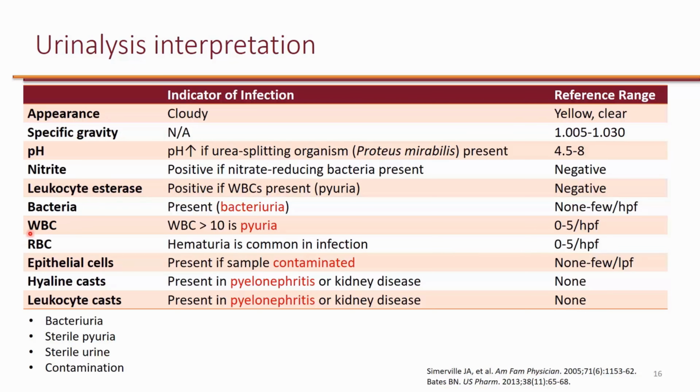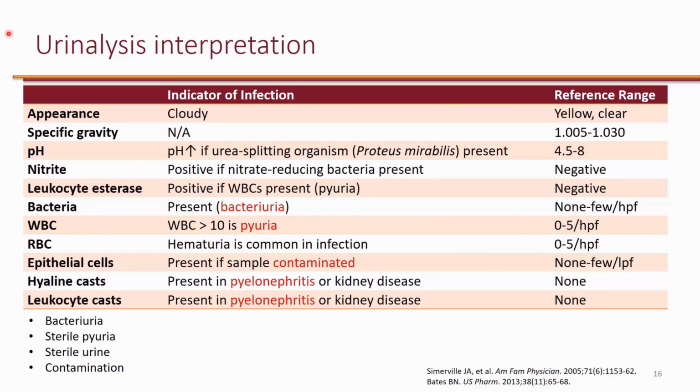in the urine. And you can actually measure how many white blood cells are in the urine. The exact definition of pyuria would be if you have more than 10 white blood cells, then we call this pyuria. Of course, you can also see if there are bacteria in the urine. The presence of bacteria, we call this bacteriuria.